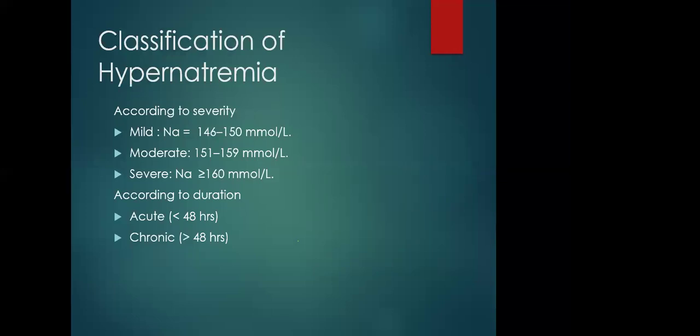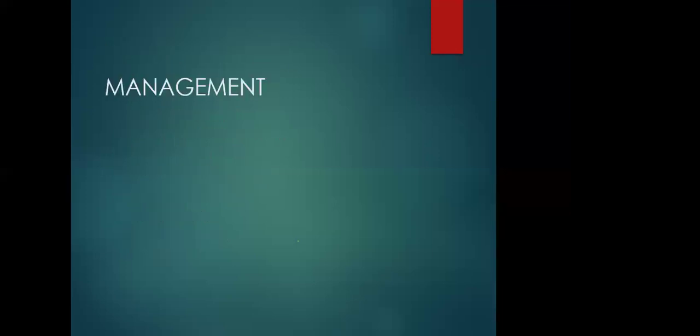Now, this can also be classified according to severity, like mild, moderate, and severe. So in a mild case, the sodium level is 146 to 150, moderate is 151 to 159, and severe is more than 160. And then we classify it according to duration, less than 2 days or more than 2 days.